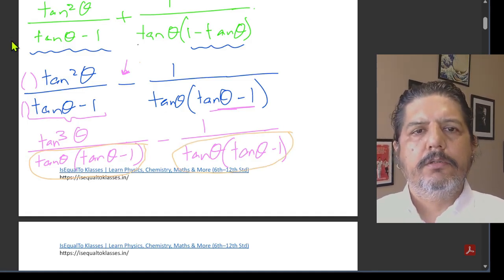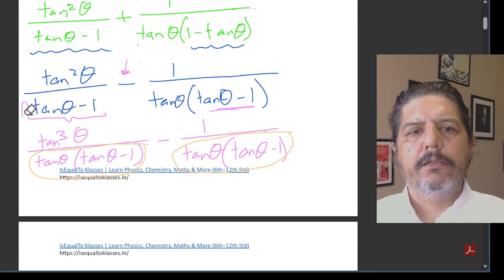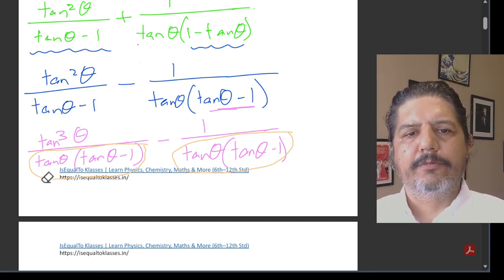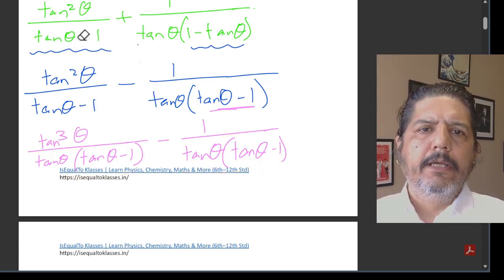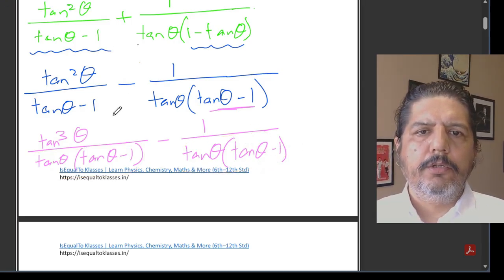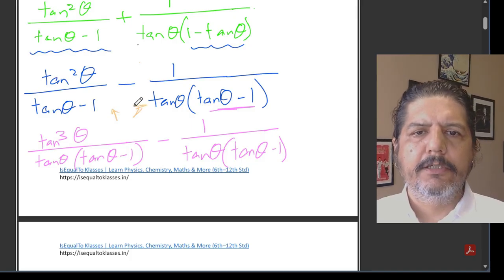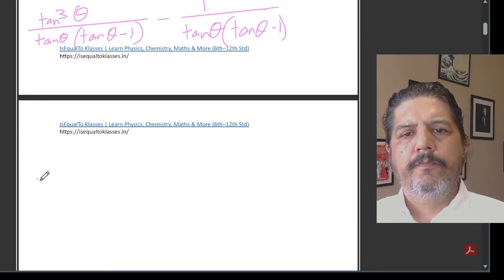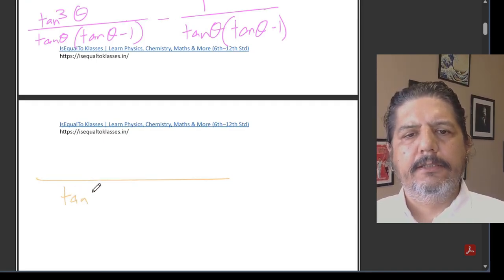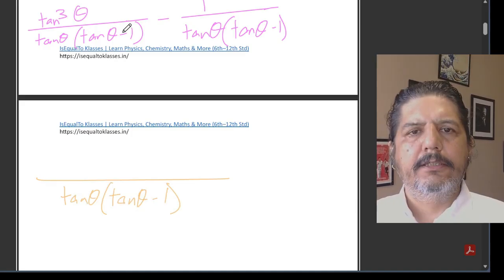This is for the students who find it difficult to take LCM of algebraic expressions. So this is another way of looking at things. But if you are okay taking LCM of this and this, then you can skip this step. So I'll write this as tan theta minus 1, tan theta minus 1.